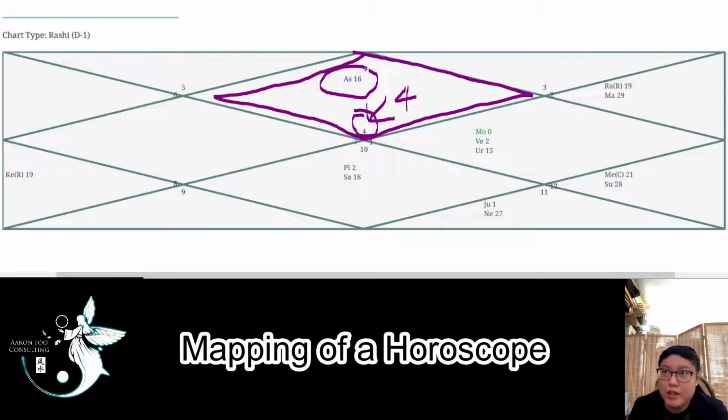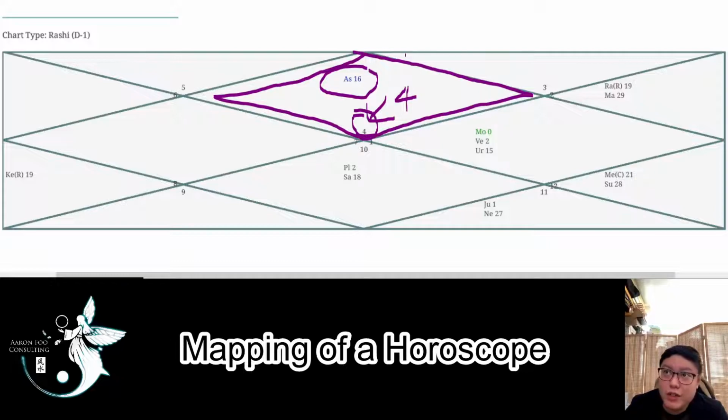This is what you hear people talk about as rising. This degree is fixed at your time of birth and at the place of your birth. And this happens when the eastern horizon rises in Cancer at 16 degrees. Okay, so this is what it means.